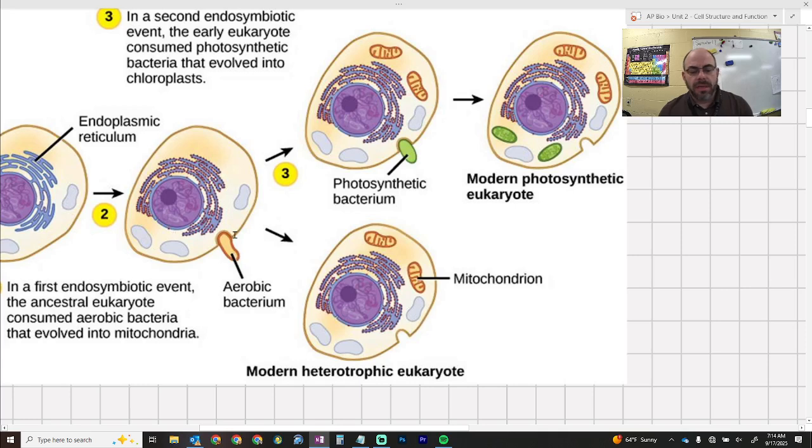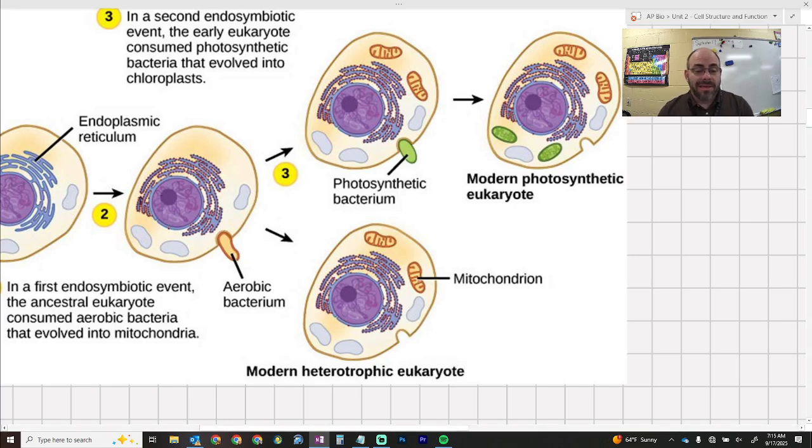And so what is the aerobic bacteria doing? By definition, the aerobic bacteria is doing aerobic things, using oxygen in order to create energy, to make ATP, essentially. What a mitochondria does: break down glucose in the presence of oxygen to make ATP.